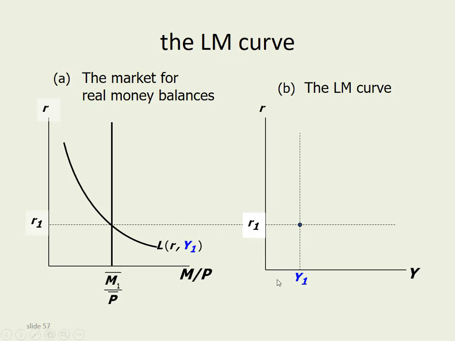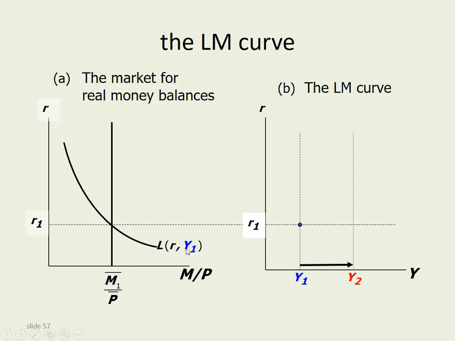And then you simply say, well, what happens if income were to rise like this, for a number of reasons? What would happen here to keep this in equilibrium? Well, we know that this is downward sloping, so as interest rates fall, you want more money and vice versa.